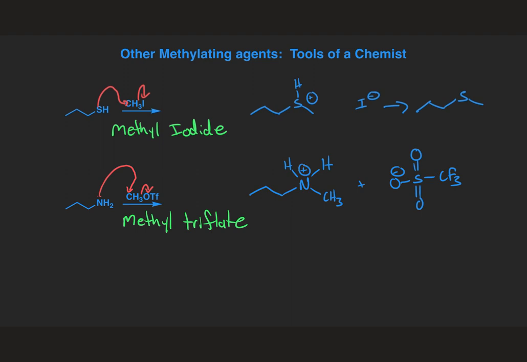That nitrogen has a positive charge. And again, some base would have to come in and pluck this off, to create now a secondary amine. It's actually quite difficult to get this secondary amine. Likely that would keep reacting to form a tertiary or maybe even a quaternary ammonium salt from there.